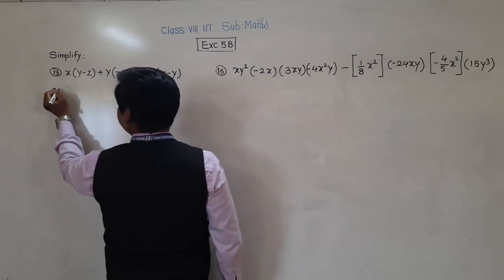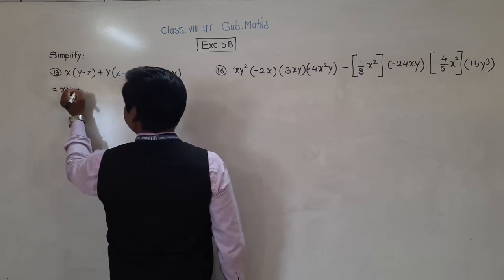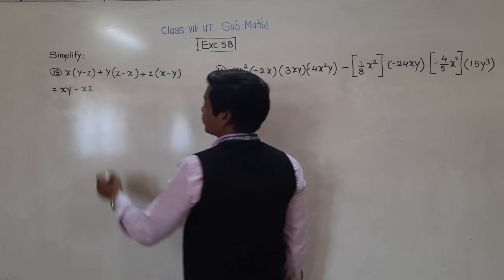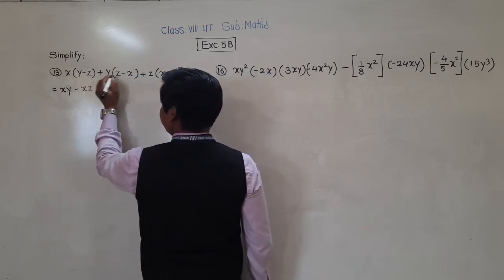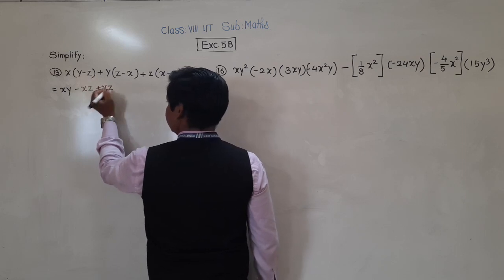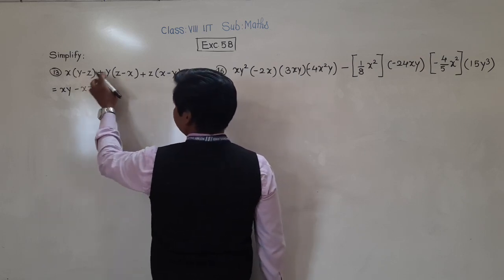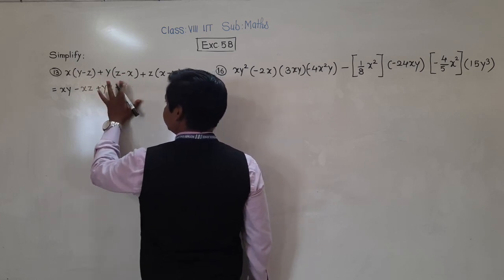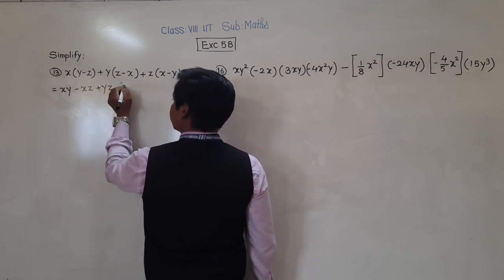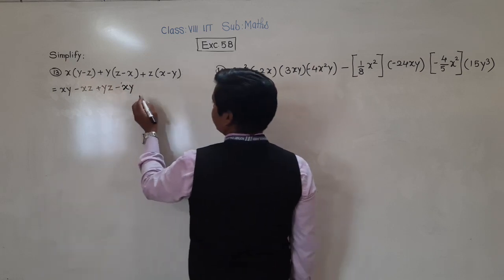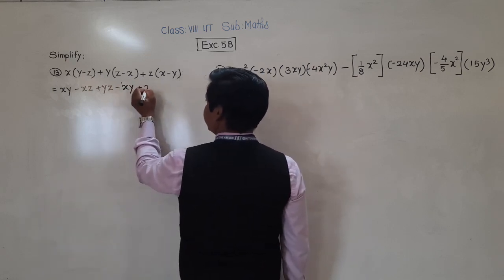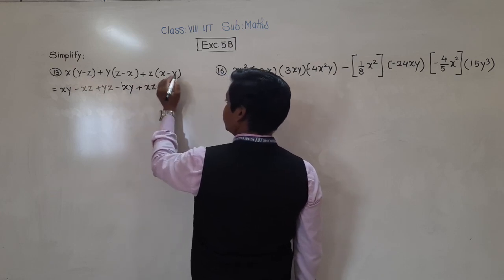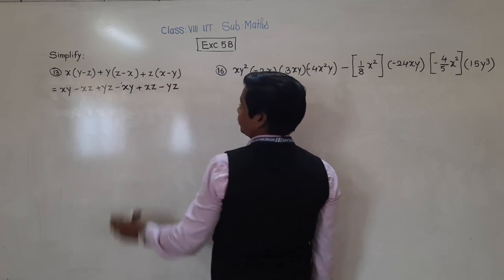See, x into y, xy, minus x into z, xz, plus y into z, yz, plus minus y into x, yx, that can be written as xy. Plus z into x, xz, plus minus z into y, yz.